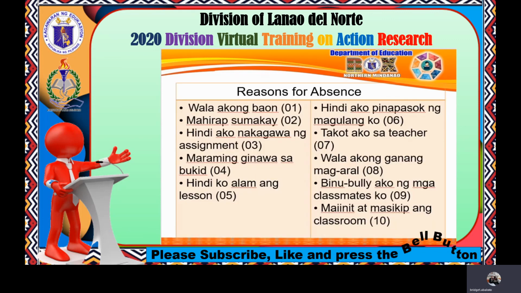Okay, reasons for absence: maybe wala akong baon, student 1. Mahirap sumakay, student 2. Hindi ako nakagawa ng assignment, student 3. Maraming ginawa sa bukid, student 4. Hindi ko alam ang lesson, student 5. Hindi ako pinapasok ng aking mga magulang. That is the response of student 6. Bakit siya naka-absent yesterday?